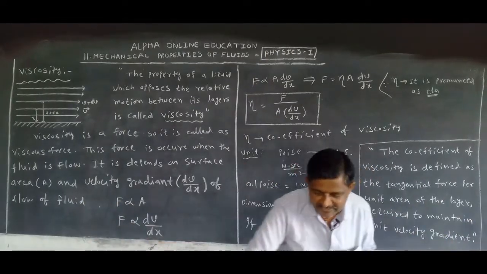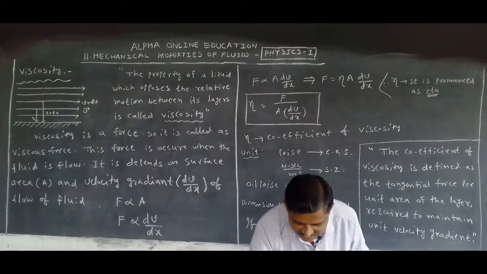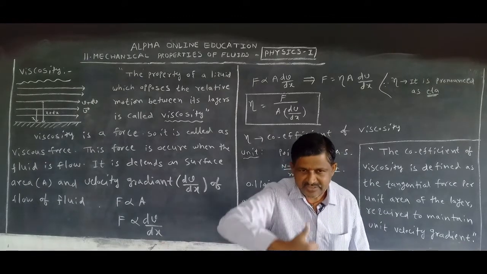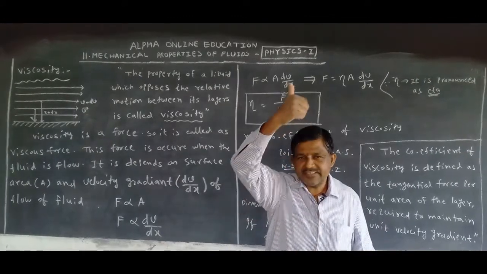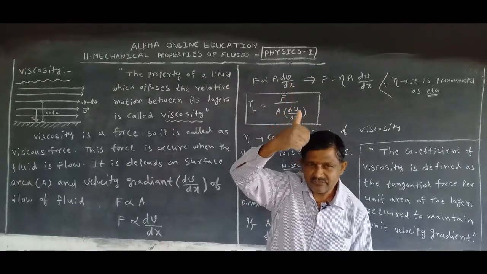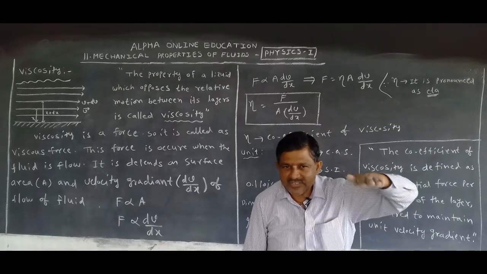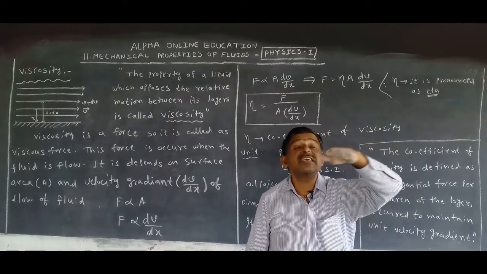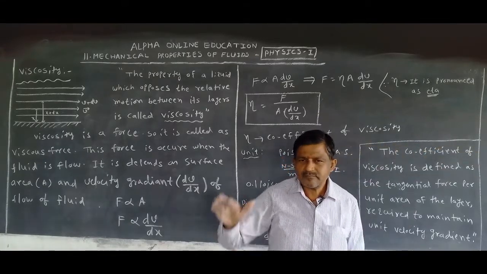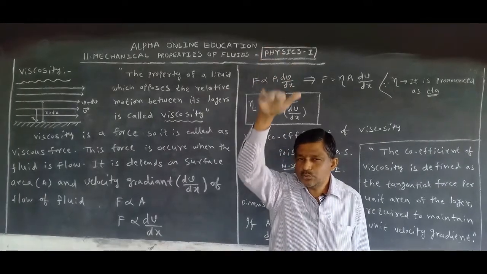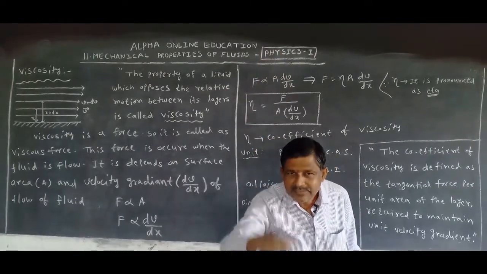Now you take different layers. From the ground to the surface, a number of layers exist. When we go from the ground to the surface, what happens to the velocity of the fluid? Increases. But from the top to the ground, what happens to the layer velocity?